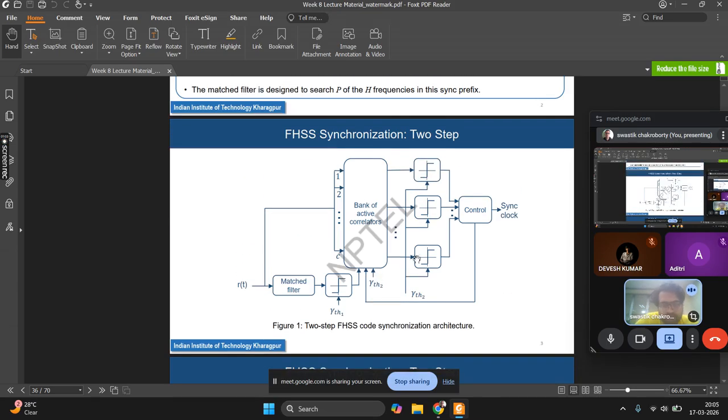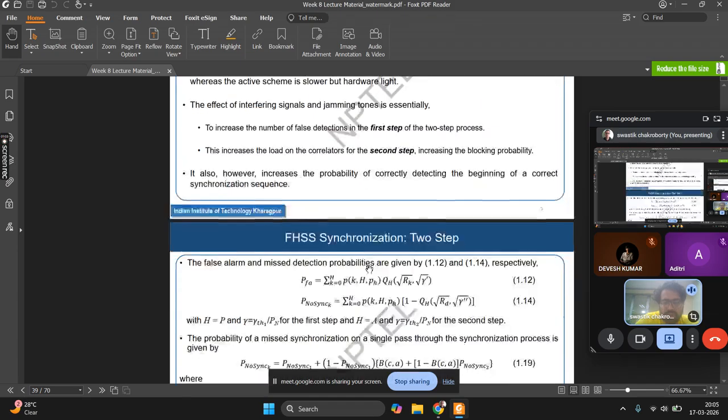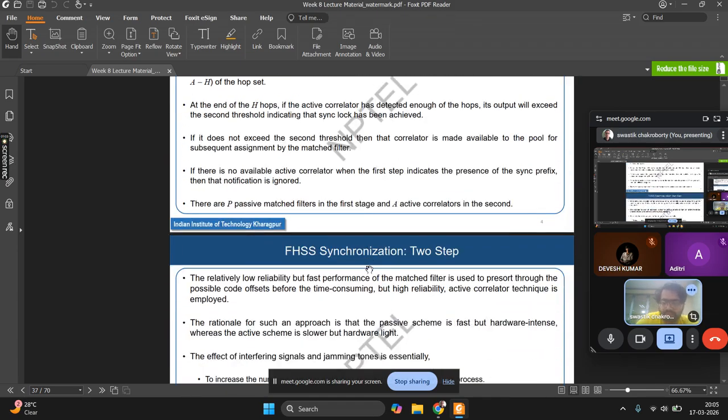These two will work in tandem. What happens is you are saving energy by not always using this. Instead, you are using a cheap matched filter to do the maximum load of the work, and the correlators will only synchronize after getting a signal from the matched filter. So that is how you save computational time.